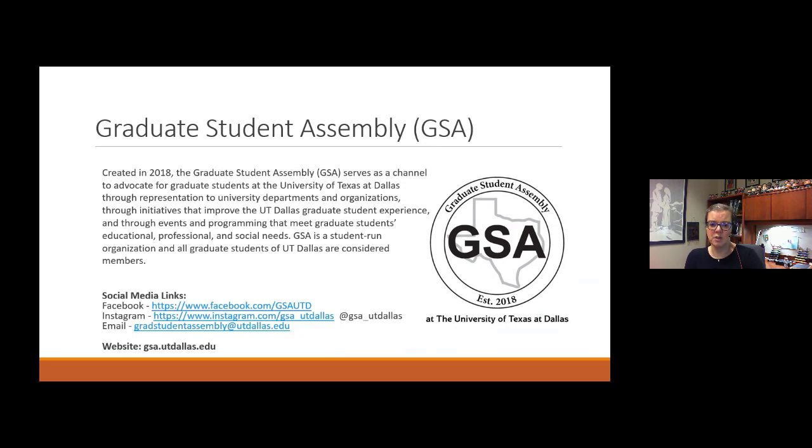They also do a lot of social events and programming and will also help recommend to us how we could be better. They have a website now. It's new to me. I think it was created in this last year at gsa.utdallas.edu. But you as a graduate student are already a member. I would recommend being an active member and participating in events and anything that they do that is of interest to you, because you will find when you get here that there's probably a graduate student organization within your field.